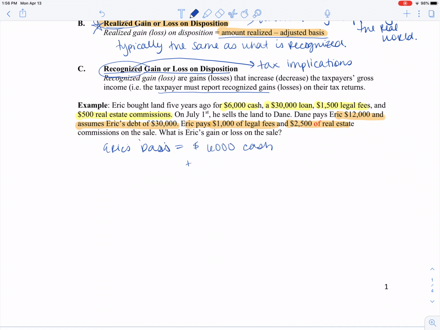He also had to assume $30,000 in debt. He had $1,500 in legal fees to purchase this land, and he also had to pay $500 in real estate commission. So his total basis in the land is $38,000.